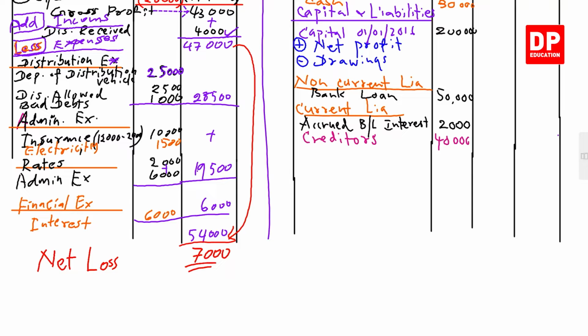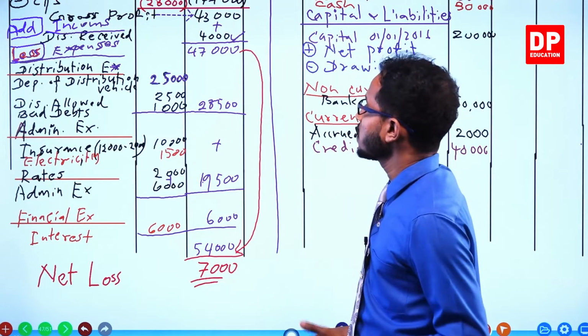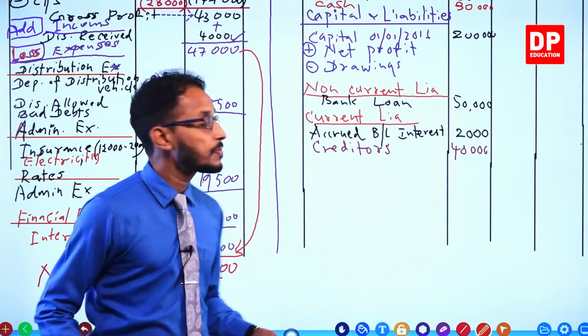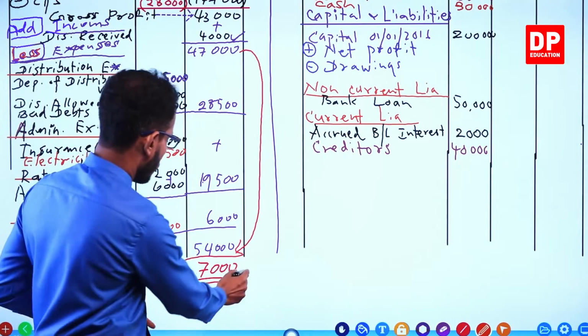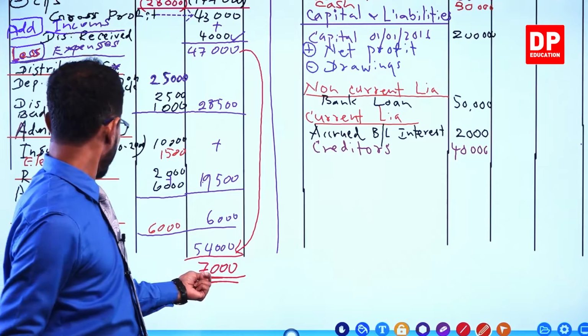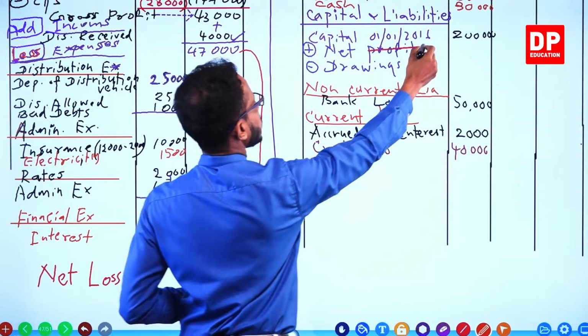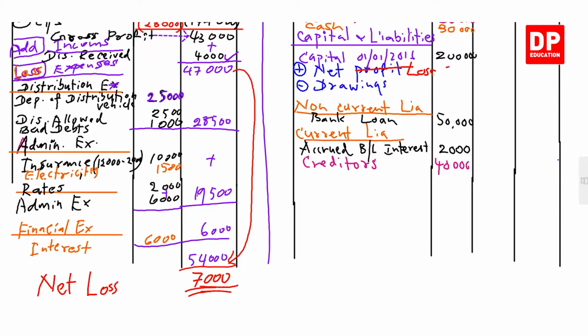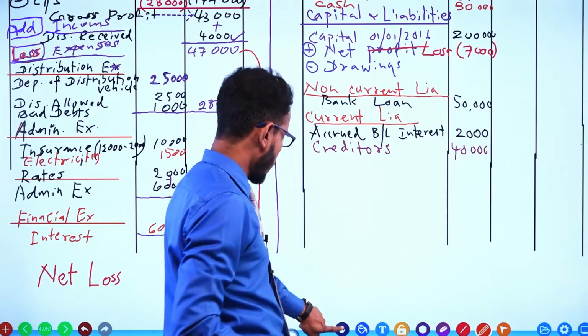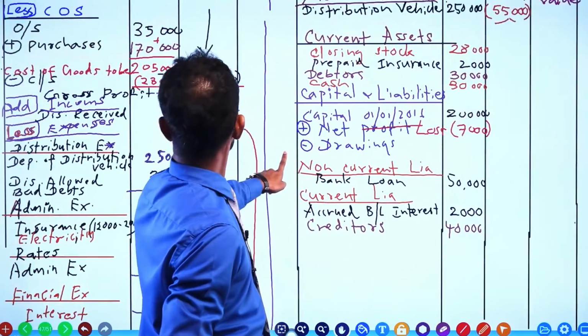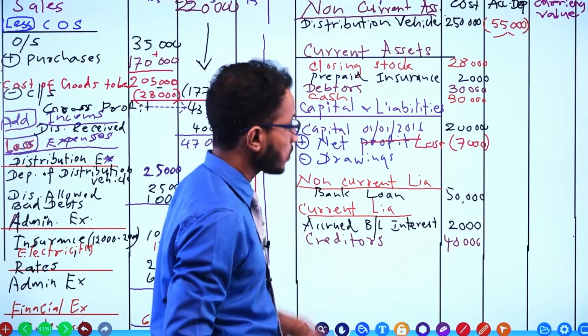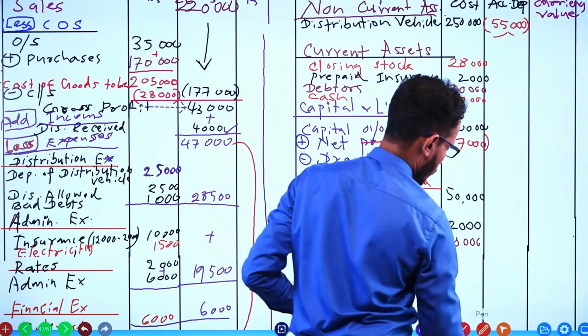Yeah, net loss. Let's take the net loss to the SOFP. 7,000 should be mentioned here. It is not a profit, it is a loss. 7,000 minus.